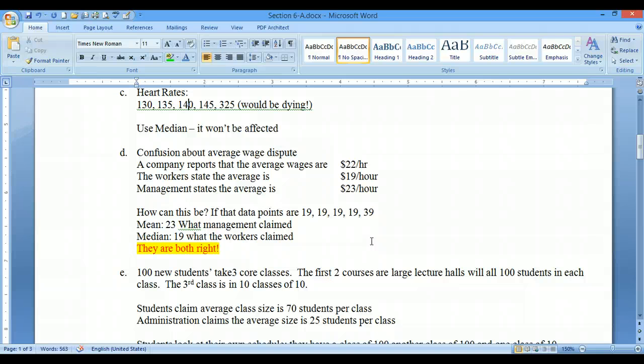Well, if we take some data points like 19, 19, 19, 19, and 39, and I find the mean, averaging all of these together gives me 23, and that's what the management was claiming was $23 an hour. But the workers were claiming $19 an hour. They were also claiming the mode, but they were both right in the end.